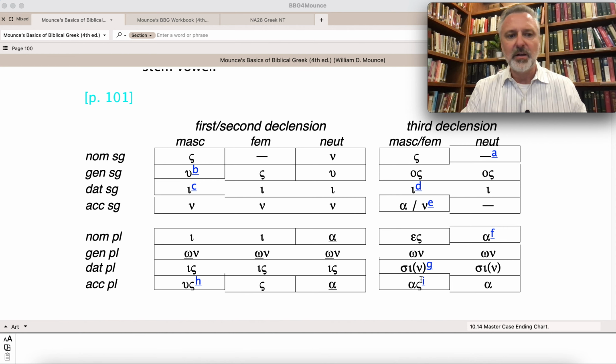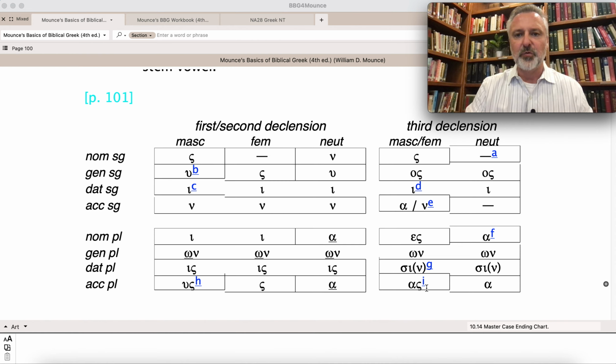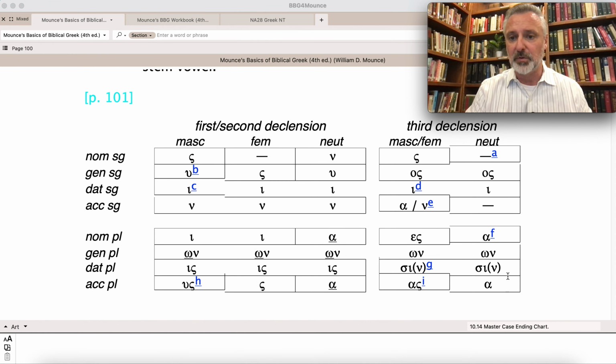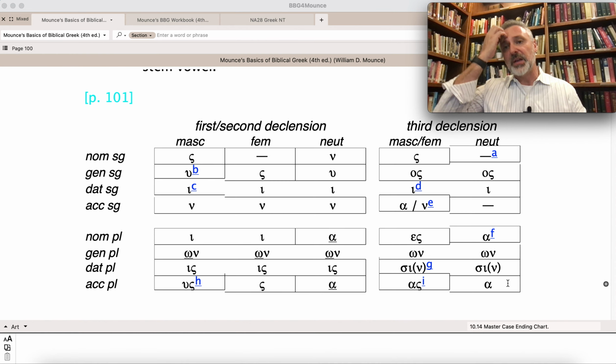And then finally, our accusative plural in the third declension for masculine and feminine is alpha sigma, very similar to the feminine. In the neuter, again, nominatives and accusatives are always identical. Nominative singulars and accusative singulars are identical in the neuter, and nominative plurals and accusative plurals are identical in the neuter. So those are your new case endings.